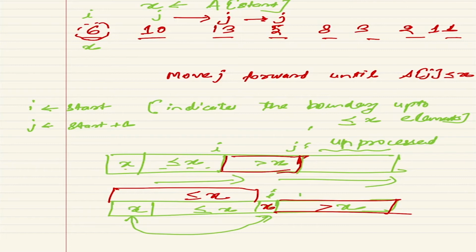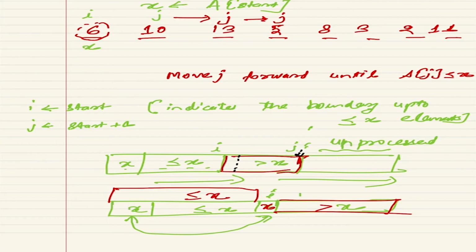So I know that the index starting this j boundary, this value is larger than x. And this value I found to be smaller than x at this point.